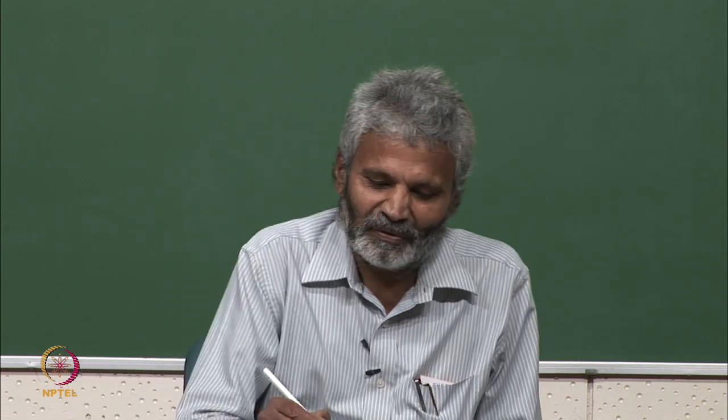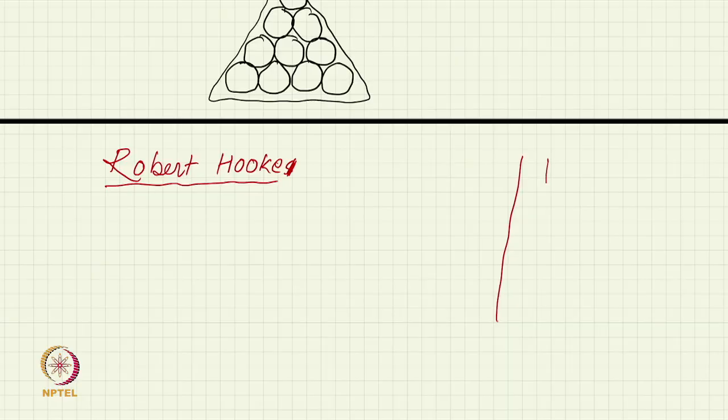Hooke's law is only one of his little contributions which we know by his name, but he was an architect. London has a famous monument, those of you who have visited or will visit London, you can go and see a monument which is called the Monument. It is a tower like our Qutub Minar. And who was the architect of that monument? Robert Hooke.